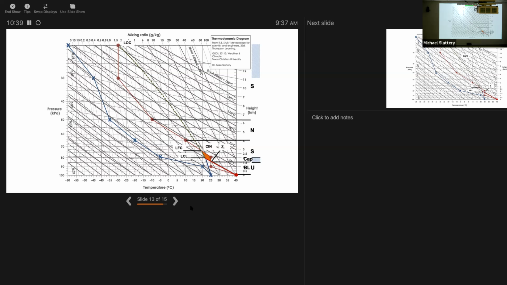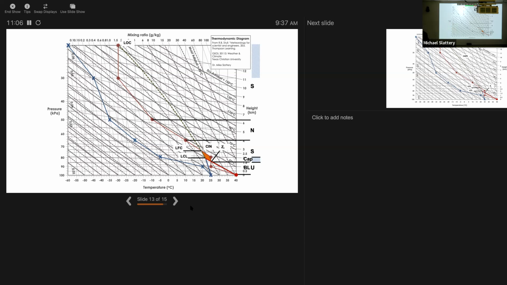But if you somehow could get that parcel to its lifting condensation level, then it would continue to rise, not on its own accord here, because it would not get to this point. But if it would continue to rise, it would cool at the saturated adiabatic lapse rate. And as it rises and cools at the saturated adiabatic lapse rate, when it re-intersects the environment, it becomes at the level of free convection.